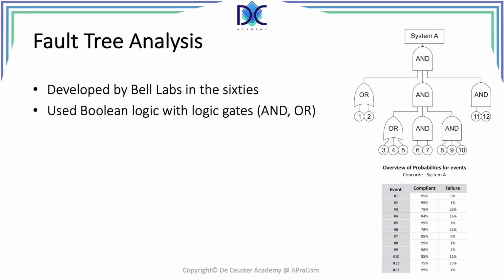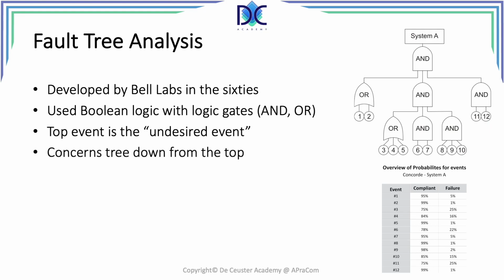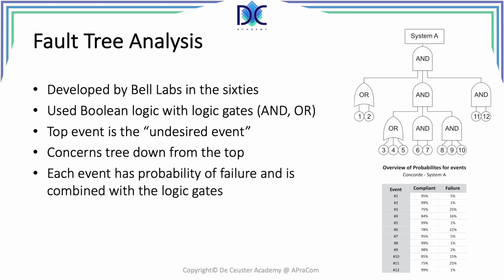Now, basically on the top you find the undesired event. What can go wrong with system A? And basically we create a tree from the top with those AND and OR gates and NAND and NOR gates. Every element has a probability of failure, and we combine it with logical gates.